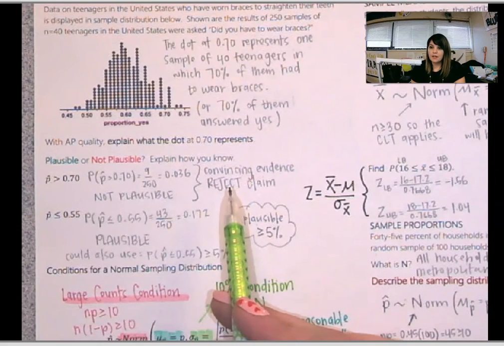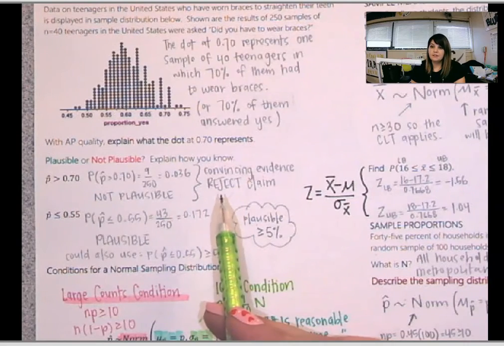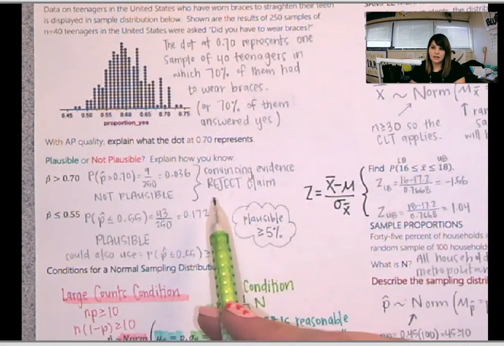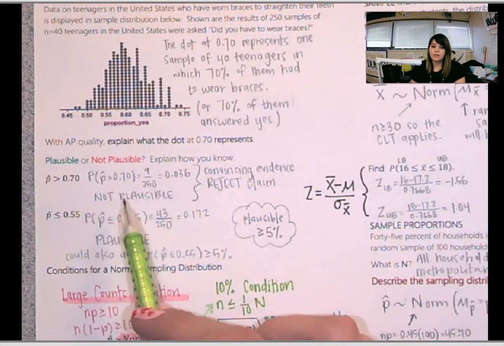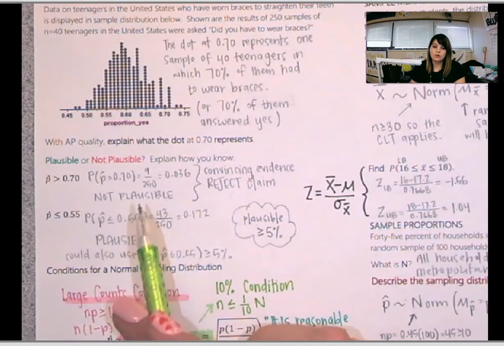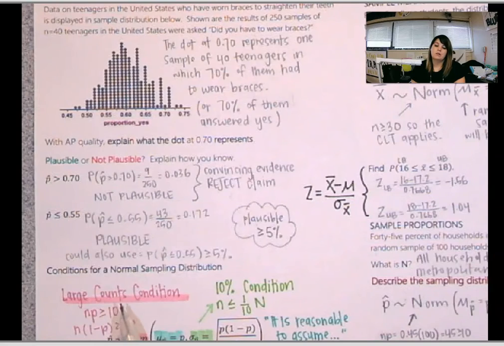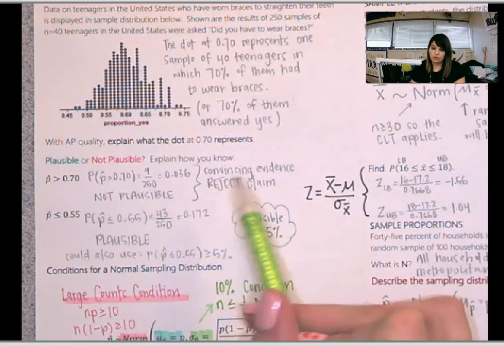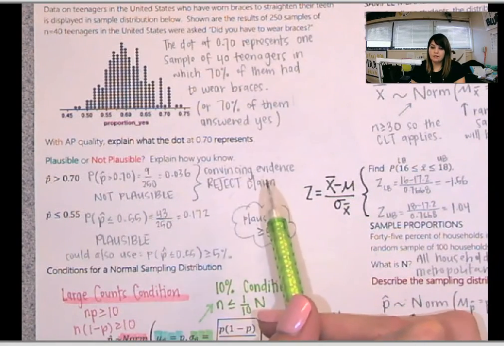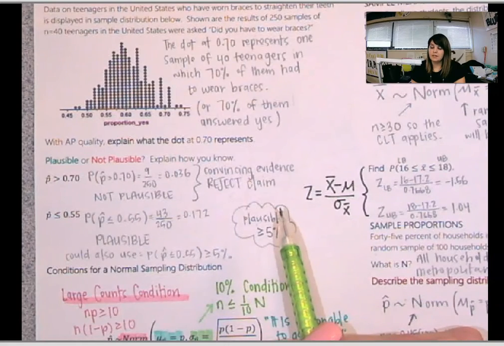So if it asks you if you believe something or if there's convincing evidence, you always want to make a plausible or not plausible statement. And it's good if you mention convincing evidence or not convincing evidence.